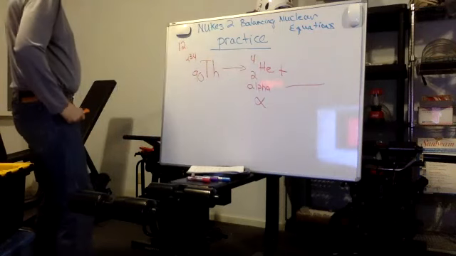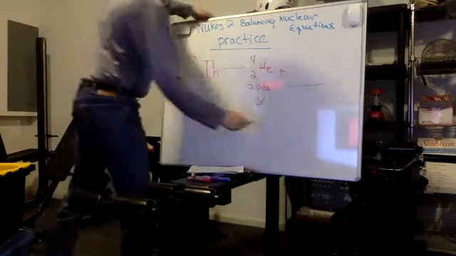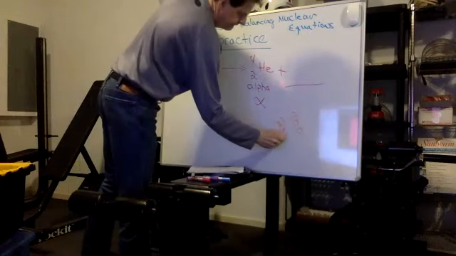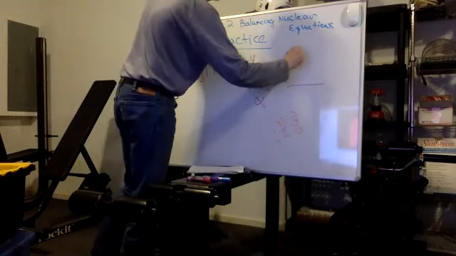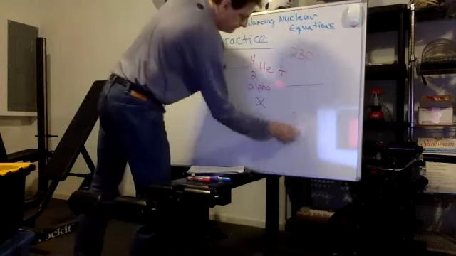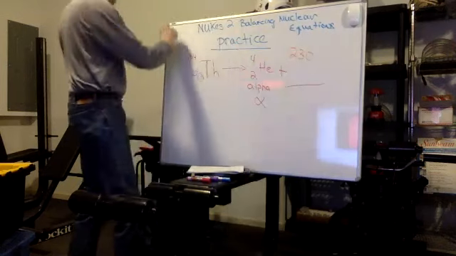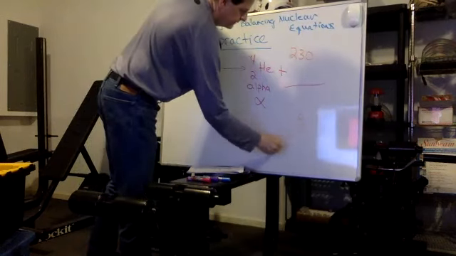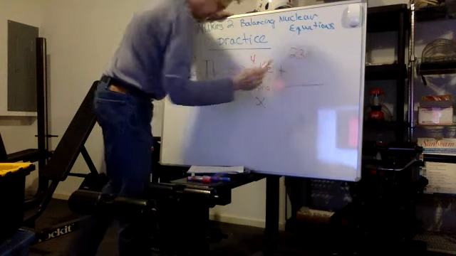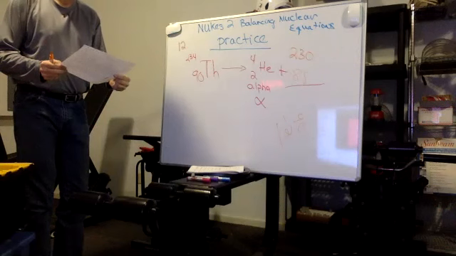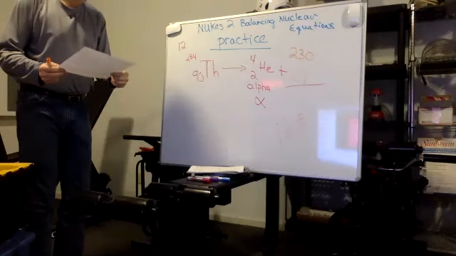So let's see here. On top, we've got 234 minus 4 is going to be 230 on top. And then on the bottom, we're going to have 90 minus 2, and that's going to be 88. And that's radium.